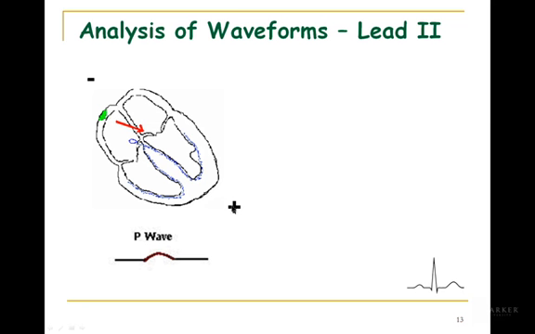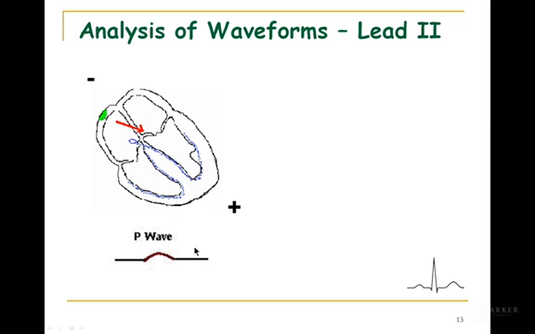This is where we place the recording electrodes for standard lead 2. You'll notice the P wave is upwards deflected because the arrow is pointing towards the positive recording electrode. The P wave's not so big because there's not a lot of muscle mass involved, and the vector is running pretty close to parallel.